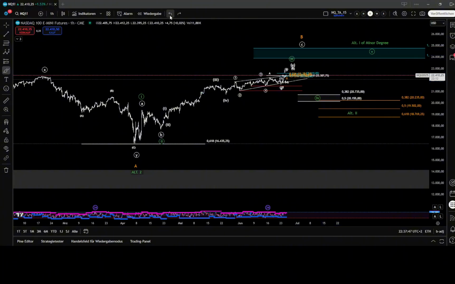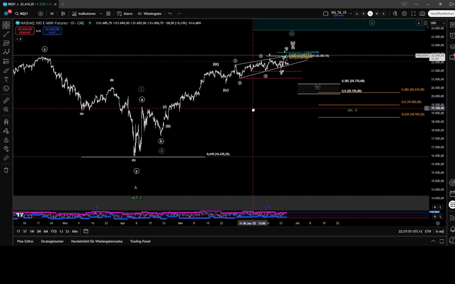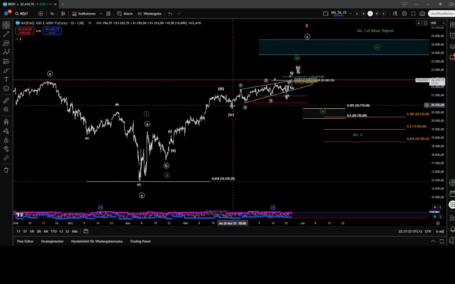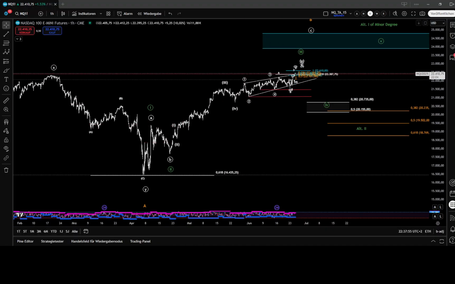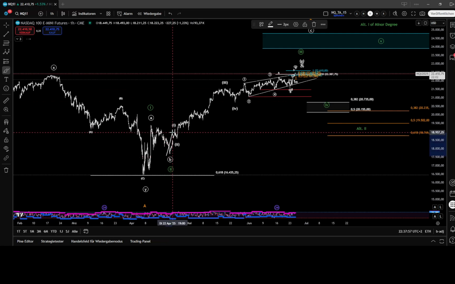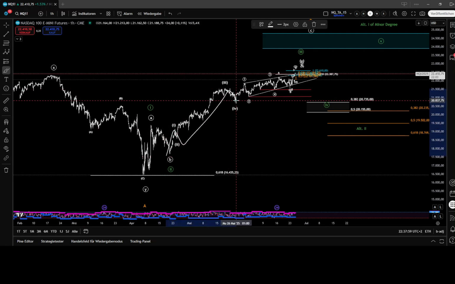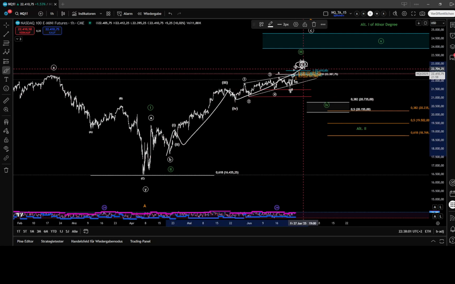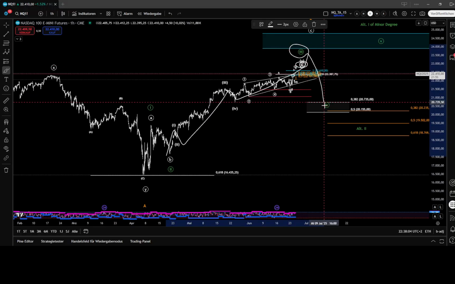Okay, I would put a wave 1 over that, but I need this 4 and 5. Still, that's what I've been talking about the last few weeks. And where are we right now in this move up? I think that we have done minute wave 1, wave 2, wave 3, wave 4, and this is the 5th wave up. In the 3, then we should get a 4 and another 5 to the upside.